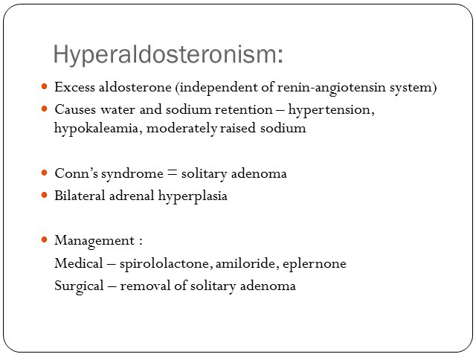So you end up with hypertension and hypokalaemia. In exchange for retaining sodium, you excrete too much potassium, and have moderately raised sodium. If you've got a solitary adenoma, that's called Conn syndrome. But you can also have bilateral adrenal hyperplasia, which causes the same picture but wouldn't be called Conn syndrome.